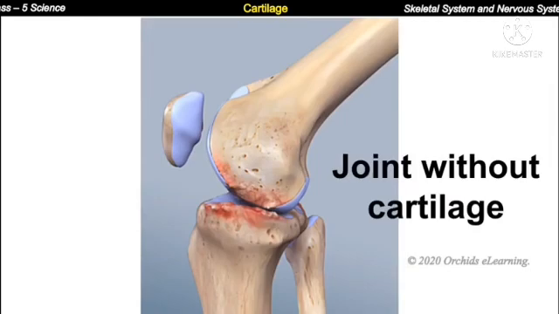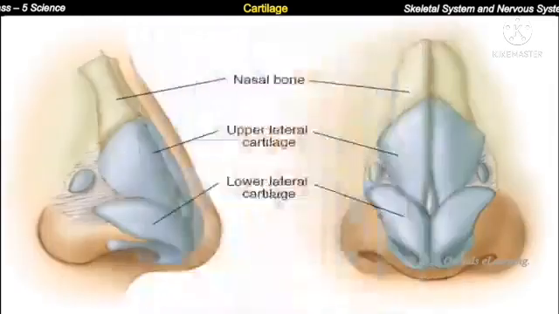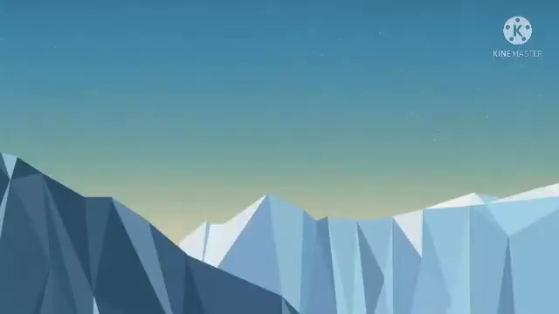Some organs, such as the nose and ears, have cartilage too. Children, what is a joint? Yes, a place where two bones meet is called a joint.